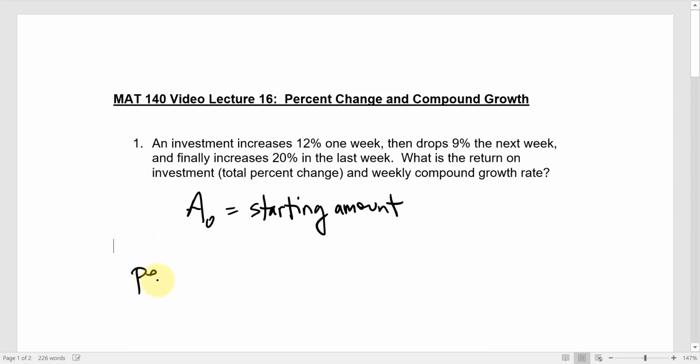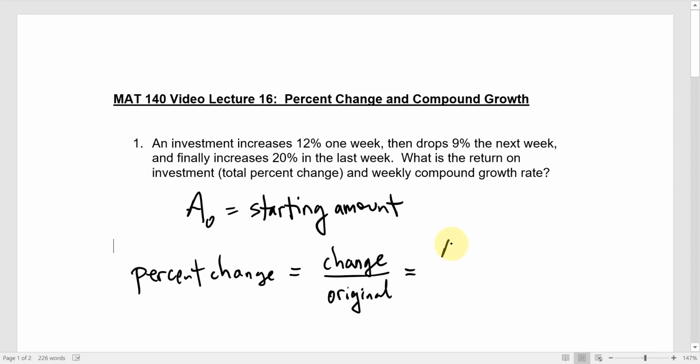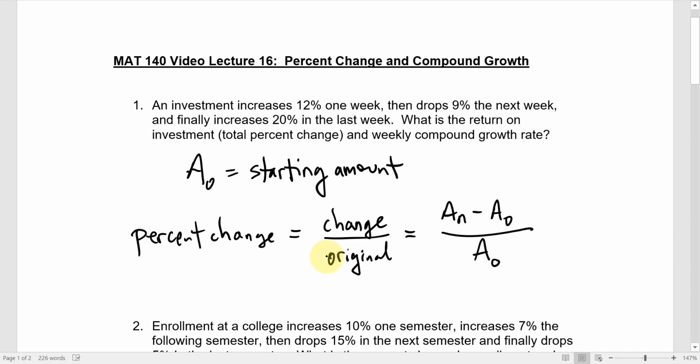It's the change in the quantity divided by the original amount. So we need to figure out what the new amount is, subtract the old amount, and then divide by the old amount. It doesn't matter what that new and old amount actually is numerically. We have enough information to answer this.